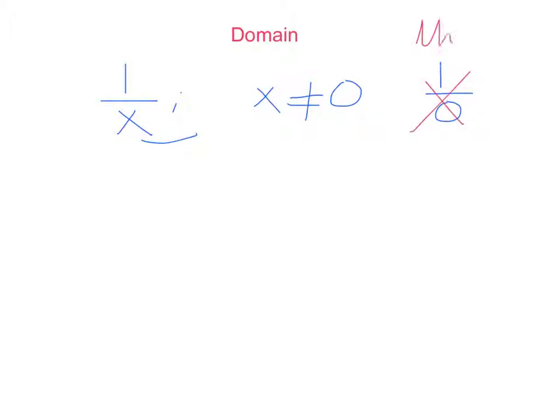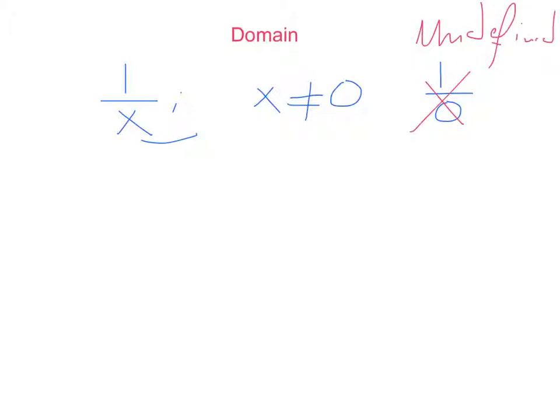Alright, so today we're going to talk about domain. The domain of any function is the set of input values for which the function is defined. So when we have 1 over x, the condition is that x should be different than 0, because 1 over 0 is undefined.